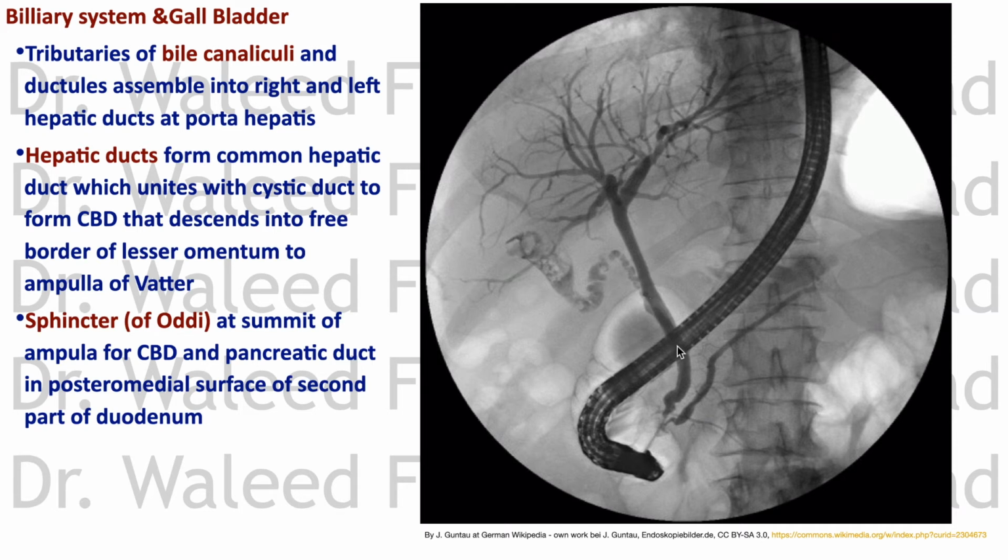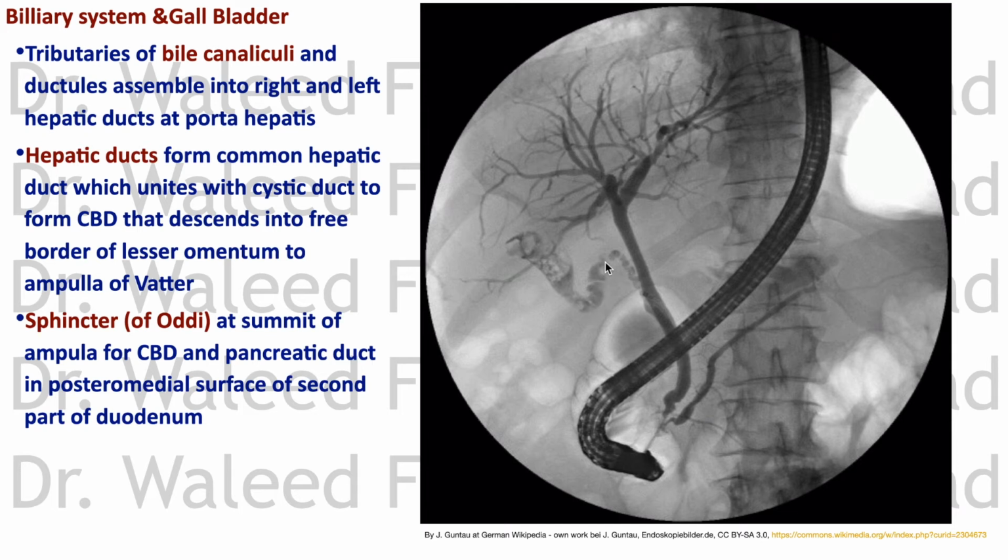And by the way the dye spreads, they can diagnose if there is a stone in the cystic duct or the hepatic duct, whatever the stone may be. So as you can see here, these are the bile canaliculi assembling to form the right and left hepatic ducts. They form the hepatic duct that is joined at an acute angle by the cystic duct.